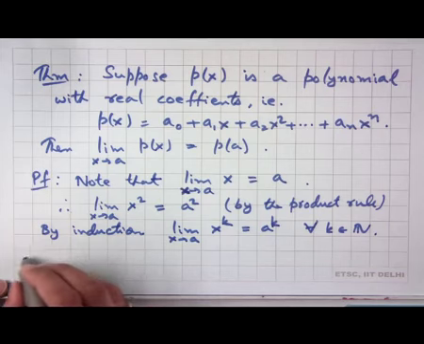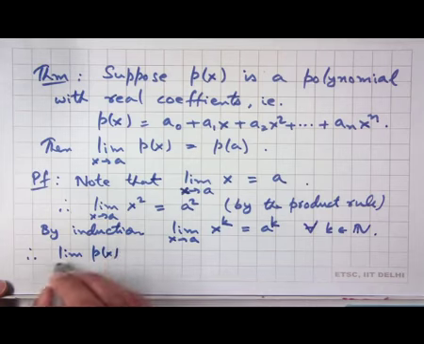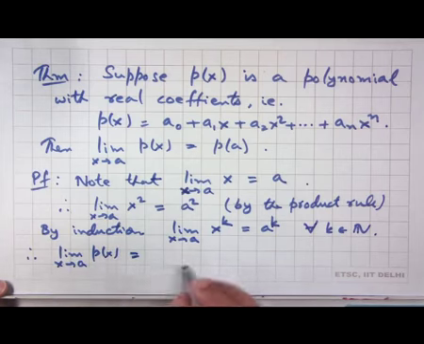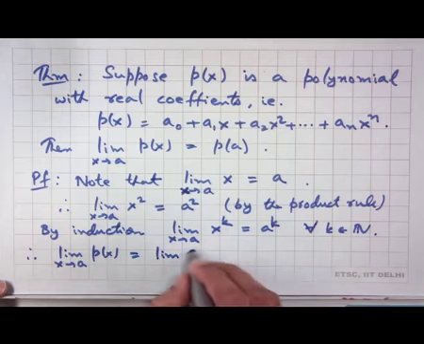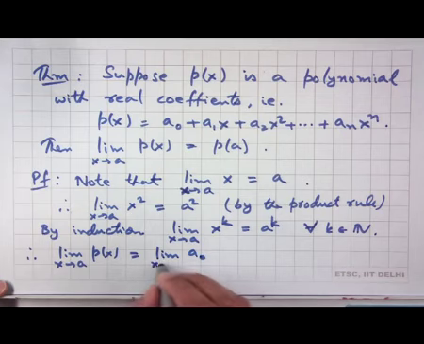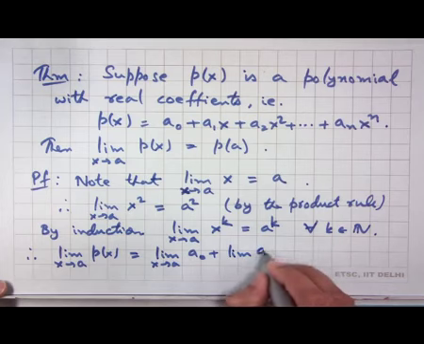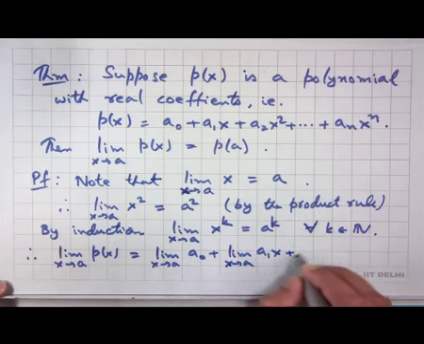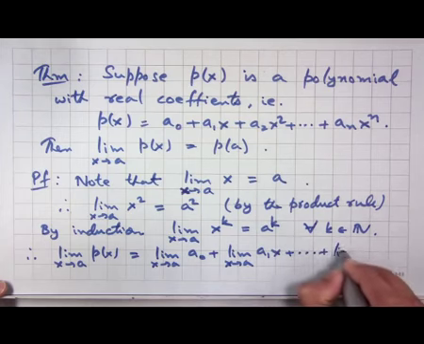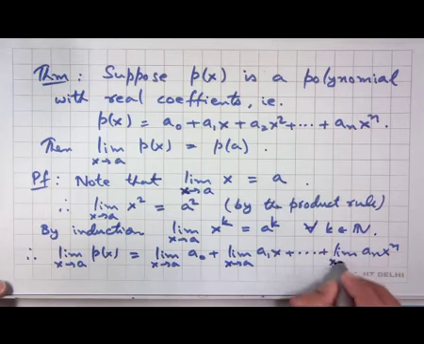So, therefore, the limit of p of x as x goes to a is equal to, first of all, I can write this as limit of a 0 plus limit of a 1 times x, and so on up to limit of a n times x to the n as x goes to a.